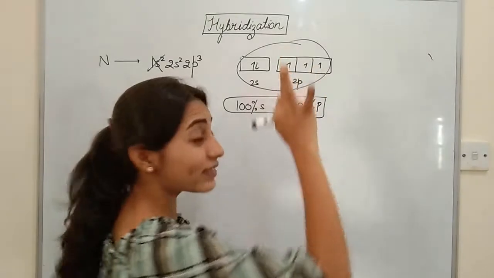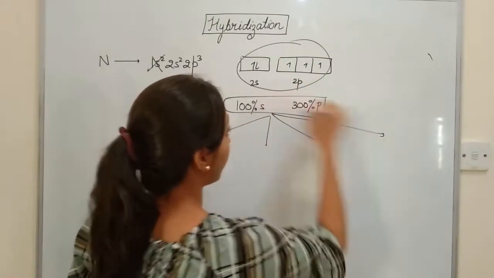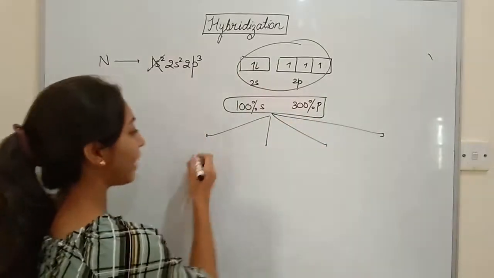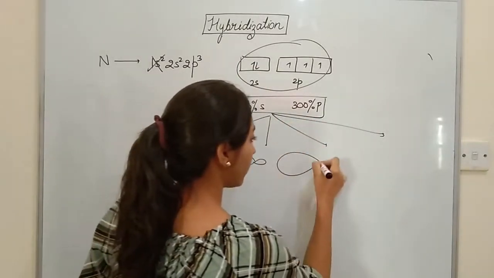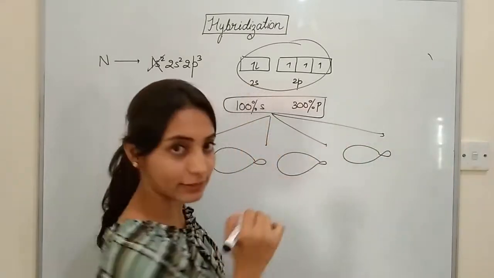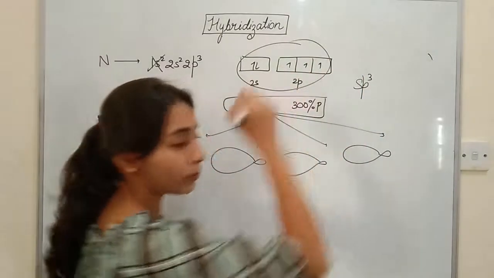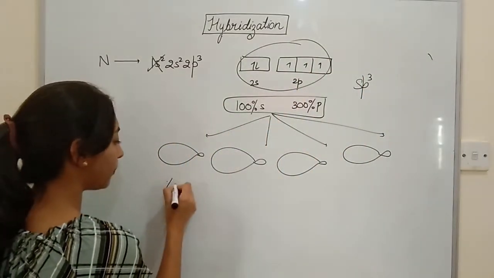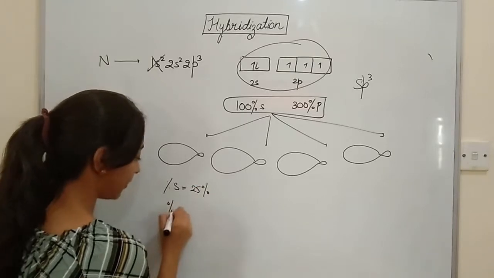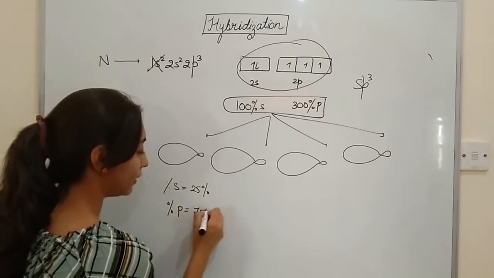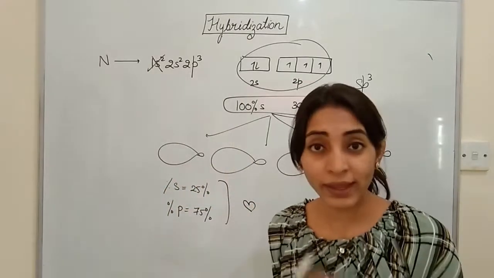So when I mix 4 orbitals, I will get 4 new hybrid orbitals, so this is again sp3 hybridization. The percentage s in each will be 25% and the percentage p in each will be 75%. I hope this much is clear.